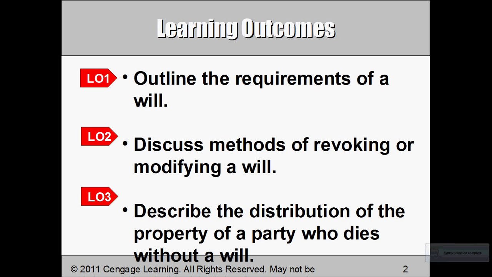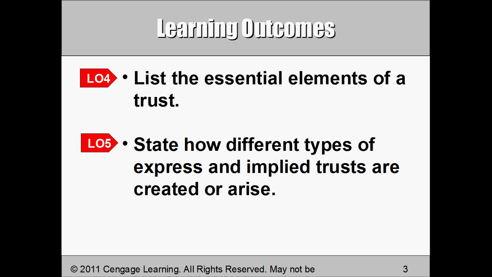We're going to describe the distribution of the property of a party who dies without a will. That's called intestate succession. We're going to list the essential elements of a trust. We're going to state how different types of express and implied trusts are created or arise.